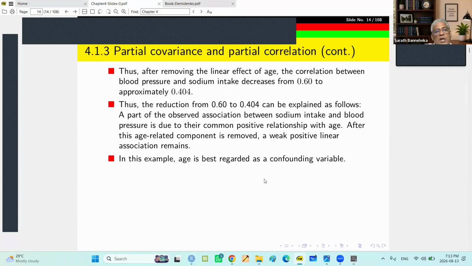That means a part of the observed association between sodium intake and blood pressure is due to their common positive relationship with age.